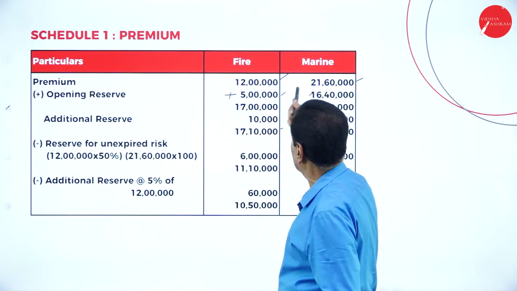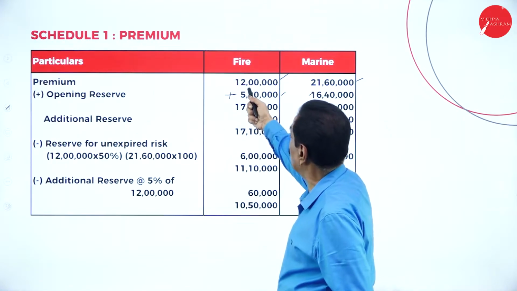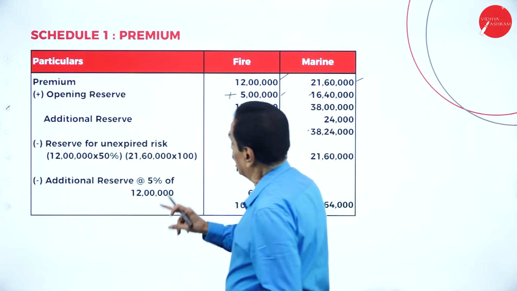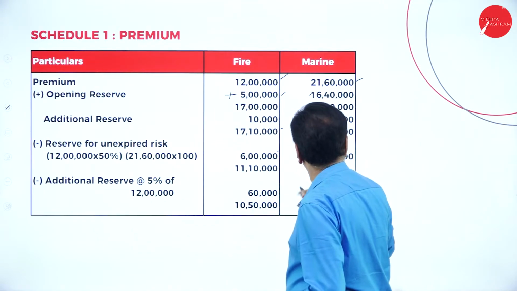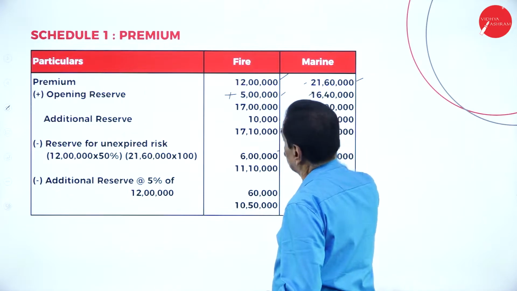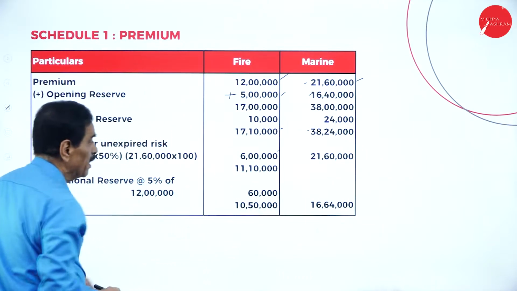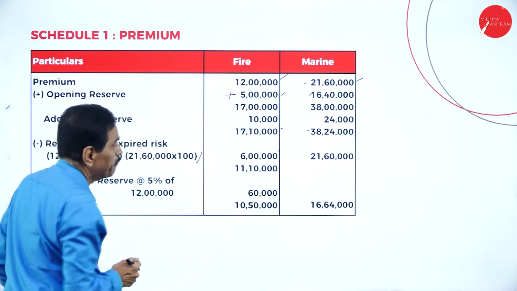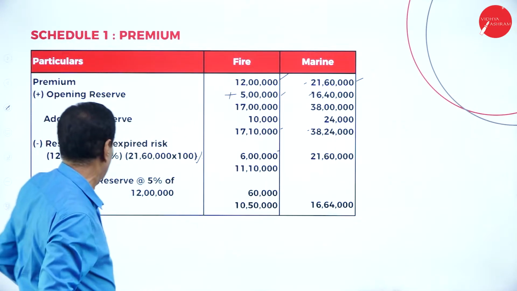So 50% of net premium. The net premium is 12 lakh. 50% is 6 lakh. Regarding marine, 100% of 21 lakh 60,000, it will come 21 lakh 60,000.